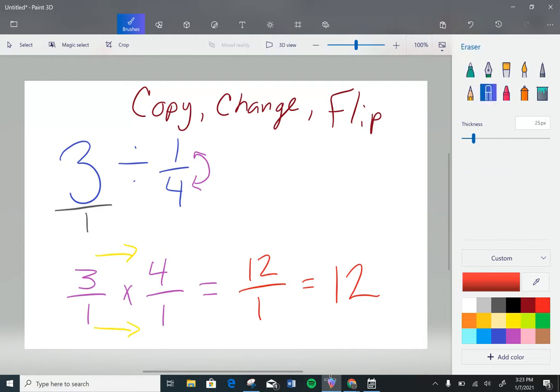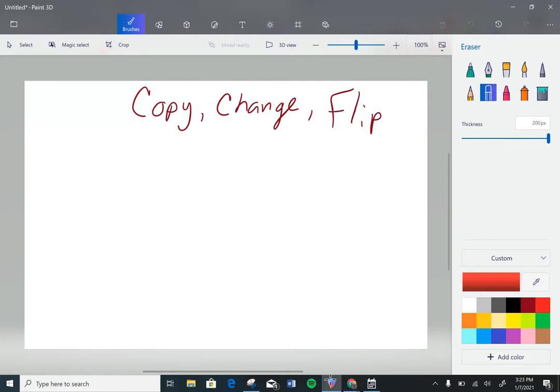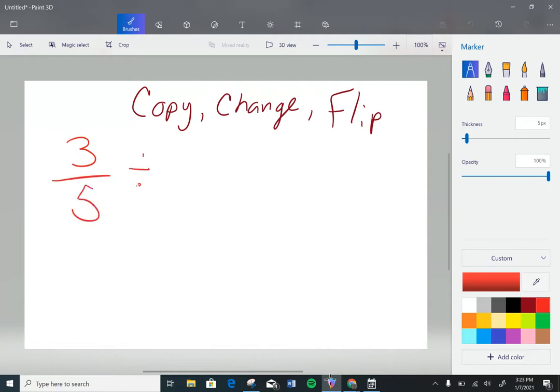So let's take another look at dividing with fractions. If I were to have my fraction first, and I wanted to take 3/5 divided by 2. Well, first thing is, I have to make sure I have fractions, so I put my 2 over 1.